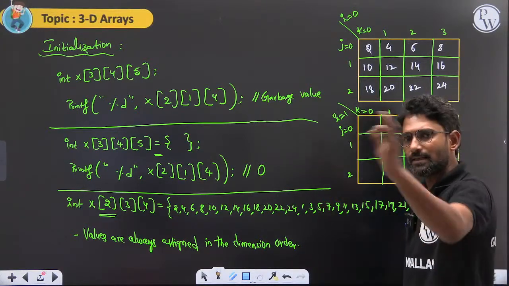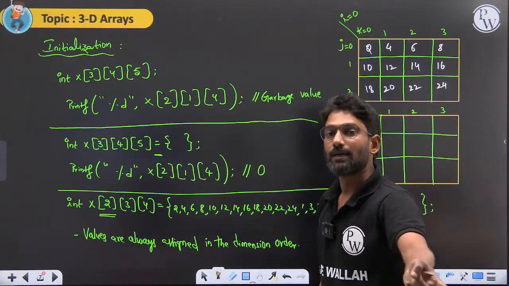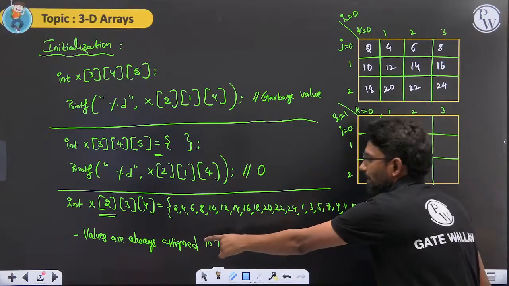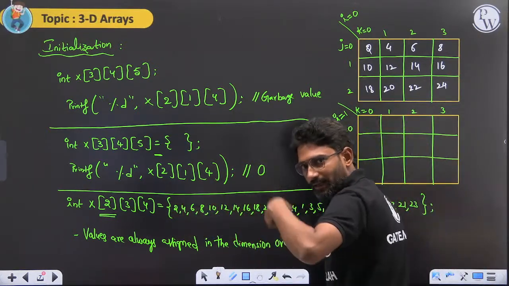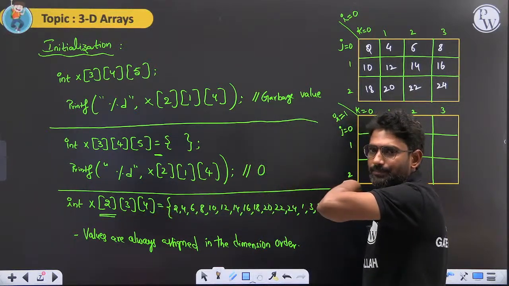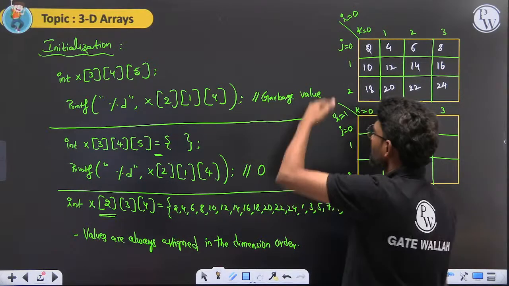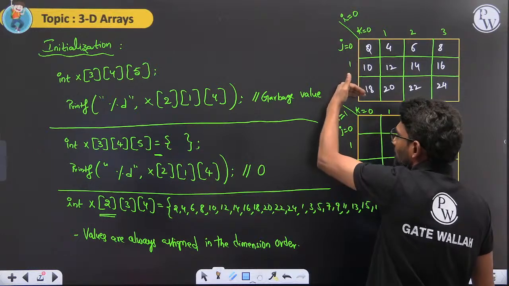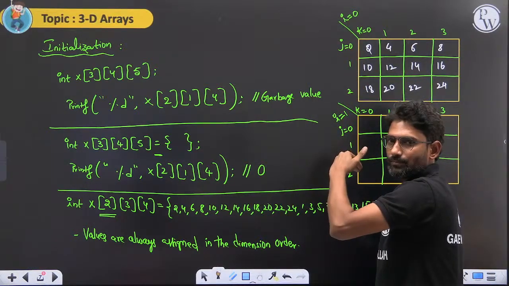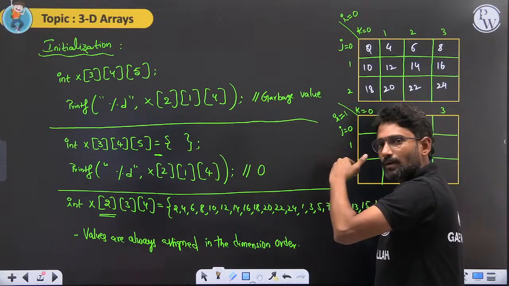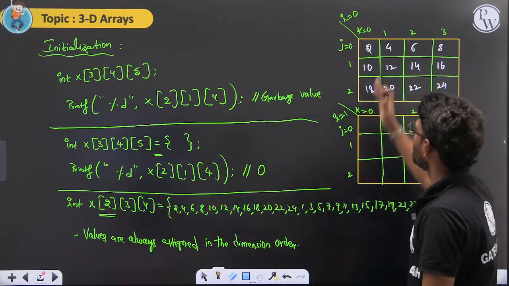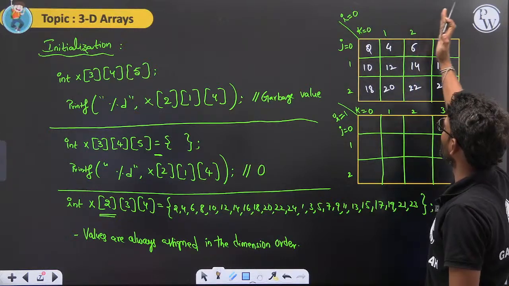So first I equal to 0 is filled, then I equal to 1, again in the dimension order: first row, second row, third row, and within each row, first element, second element, third element, fourth element.